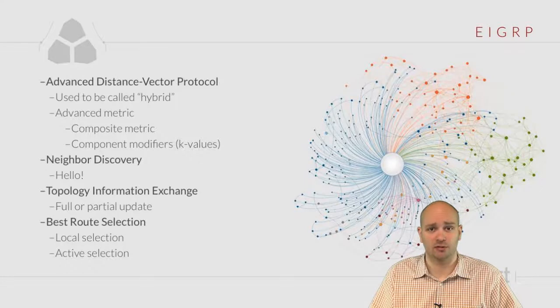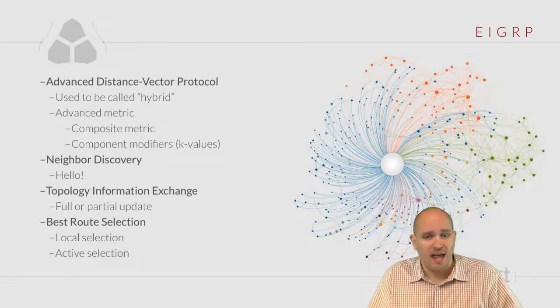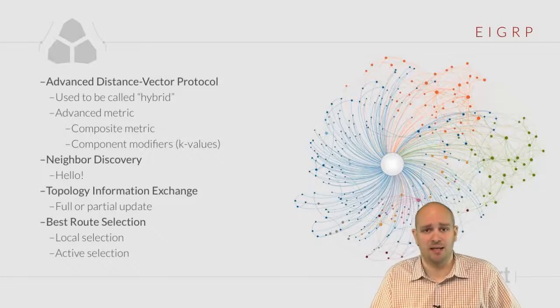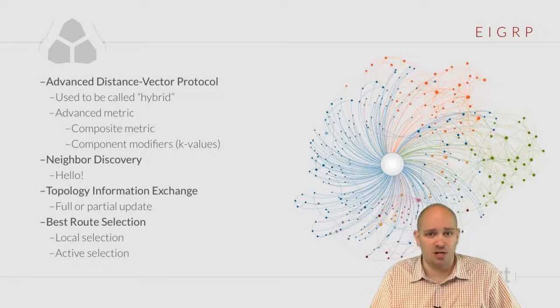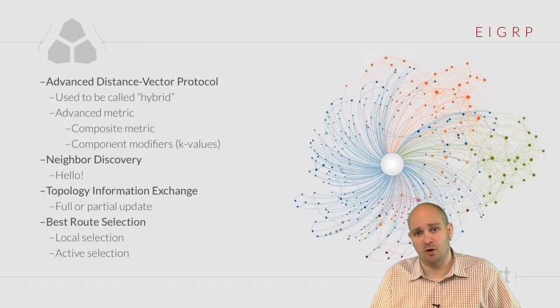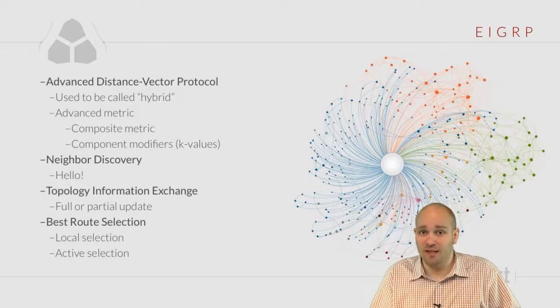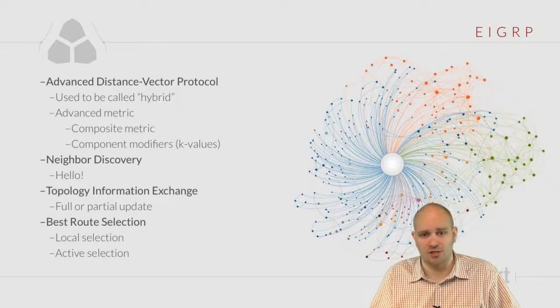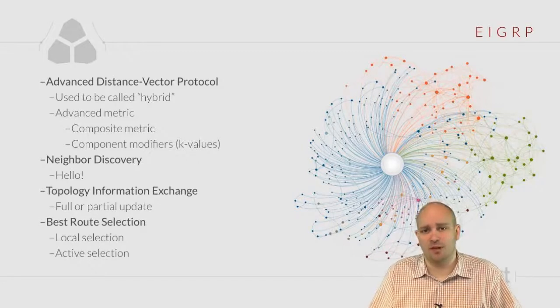Link state routing protocols like OSPF or ISIS. However, there was really nothing hybrid about the behavior in EIGRP. What EIGRP did was operate in distance vector operations while maintaining the neighbors and maintaining a high degree of reliability in that neighbor relationships. So that's an important thing to understand.